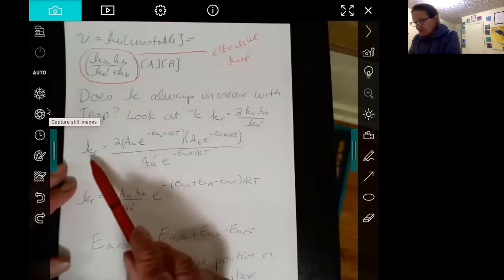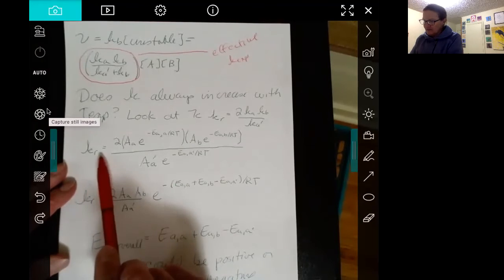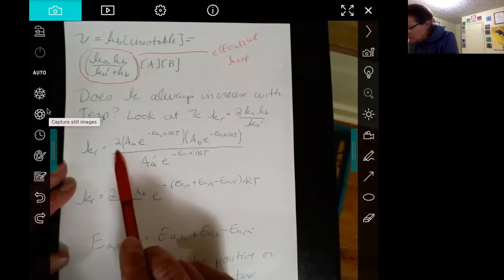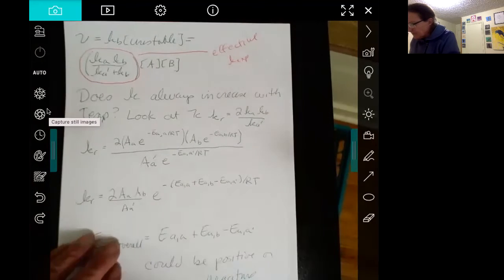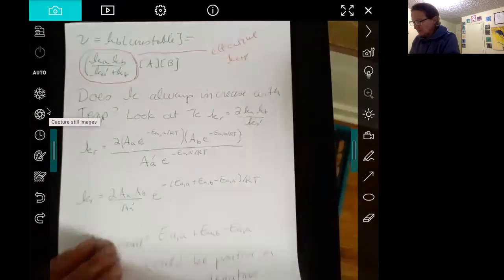So if we go back to the Arrhenius equation, this would say that the rate constant is really equal to... I'm not doing that one, sorry.